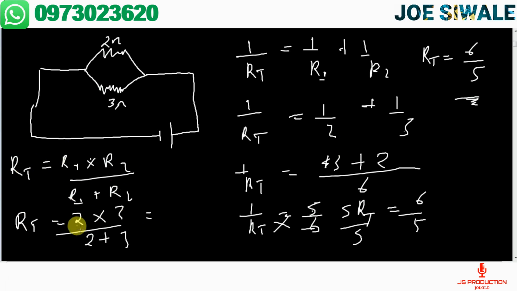So here I'm going to have 2 multiplied by 3, that's 6, divided by, so this is ohms, divided by 2 plus 3, that's 5 ohms. So as you can see, this answer and that answer is the same. So you can decide on your own which formula that you want to use.